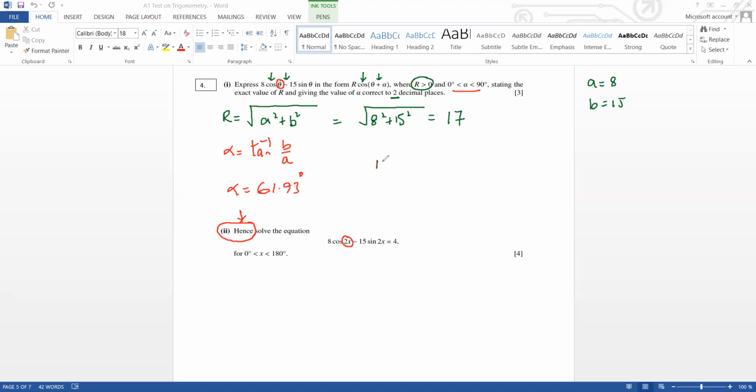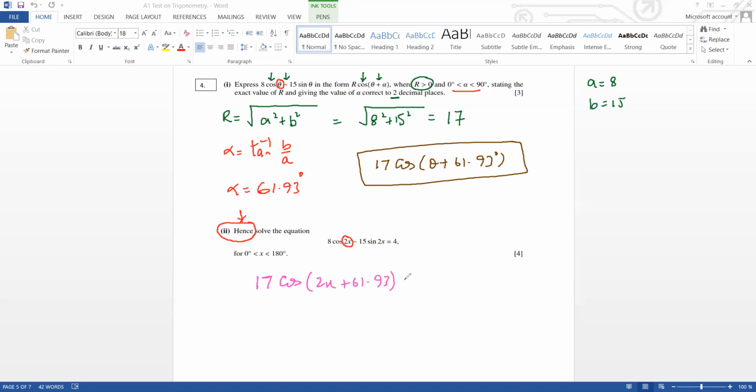This becomes 17 cos of theta plus 61.93, which was the answer we should have written earlier. Now this becomes 17 cos of 2x plus 61.93, and that is equal to 4.